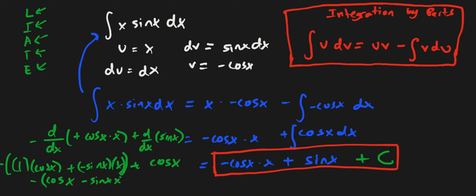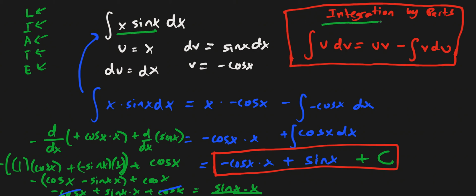Okay, and then plus cosine x, and then this just becomes minus cosine x plus sine x times x plus cosine x. And now it's pretty obvious that this will cancel with this, making this all equal to sine x times x, which is exactly what we had over here. And the integration by parts formula worked beautifully.